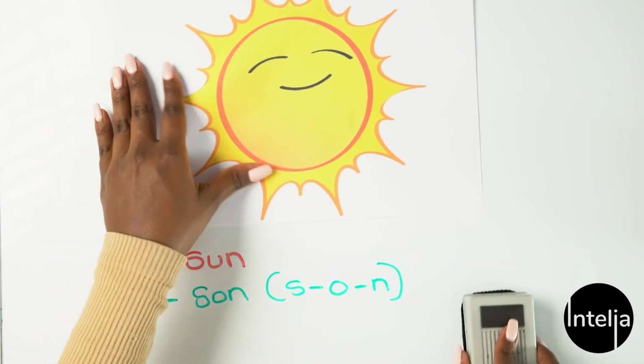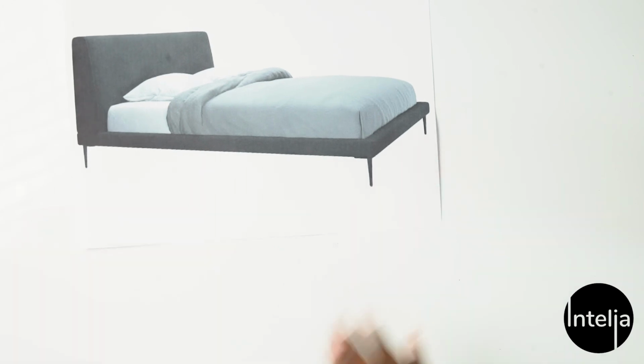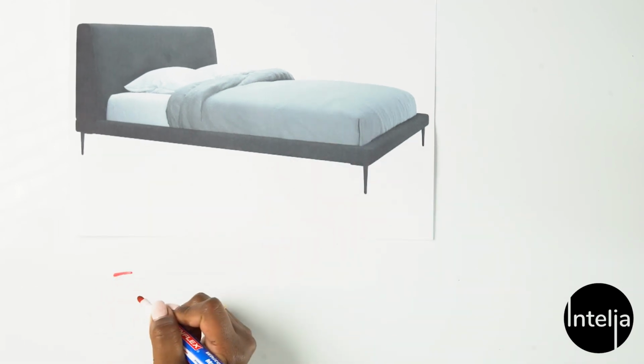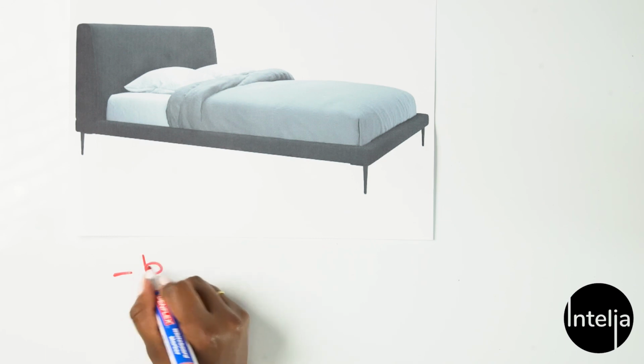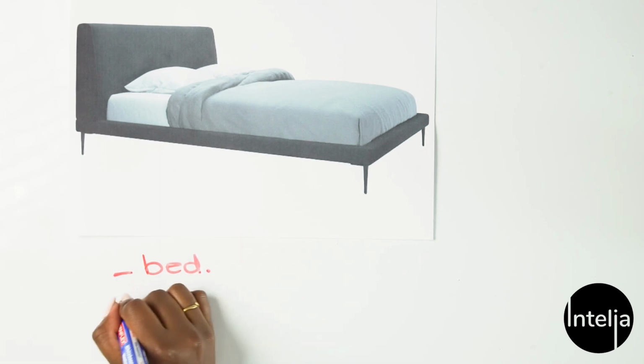Last one, guys. We have this picture over here. Now, what do you think this picture is? That's right, it's a bed. And what do you think bed is in Afrikaans? Let me help you.